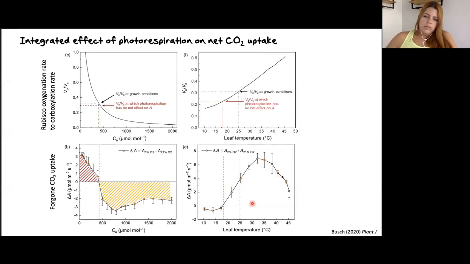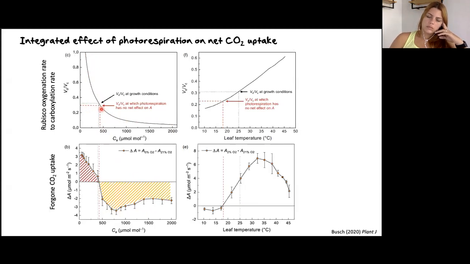So what we can then see is, what sort of oxygenation rate would a plant want to be at, to be beneficial? And we can model this oxygenation versus carboxylation rate here based on the data that we've collected down here, and then put our operating point on here.